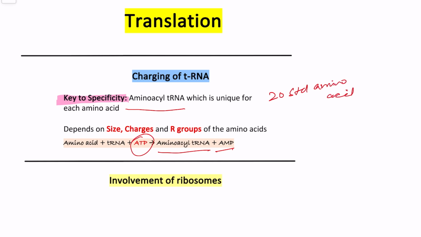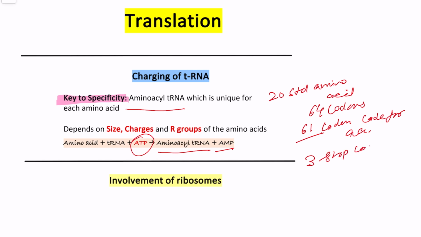And these are synthesized by the total 64 codons, out of which 61 codons code for amino acids and 3 are the stop codons, right?